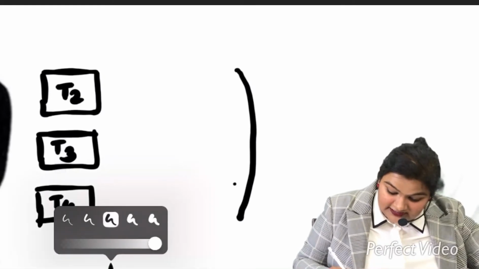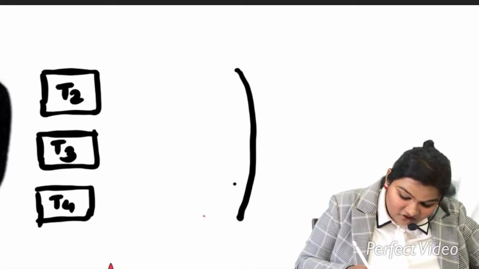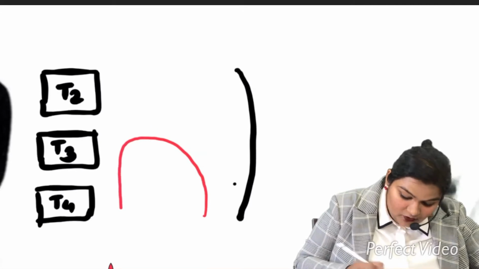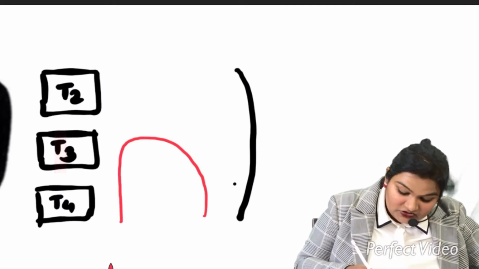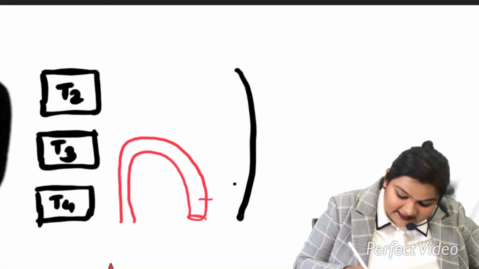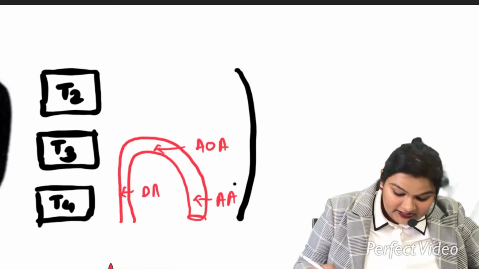Now let us see the aorta. The ascending aorta starts at T4, it arches as the arch of aorta at T3, and it descends as the descending aorta till T4. This is our ascending aorta AA, this is our AOA, arch of aorta, and this is our descending aorta DA.